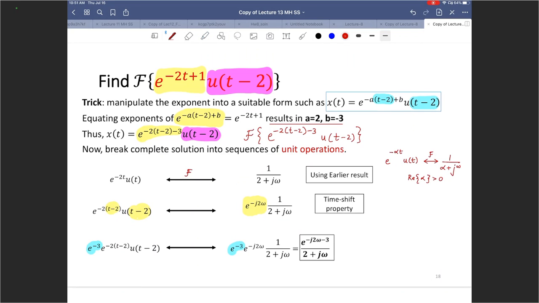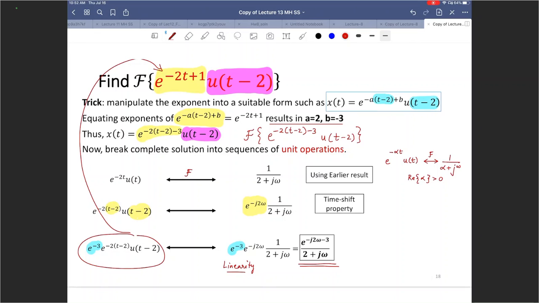That's using the linearity property. So by doing all of that, you got this to match up with that, and the Fourier transform of that is right here: e to the minus j2 omega minus 3 divided by 2 plus j omega.